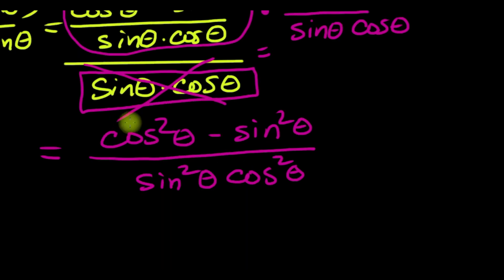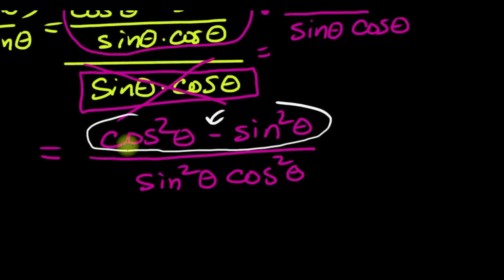This is not 1. Don't think this is going to be 1 because it's minus. The other one, cosine square plus sine square, that is 1, but not this one. I'm going to have to think about this for a minute, how to go about finishing this up.